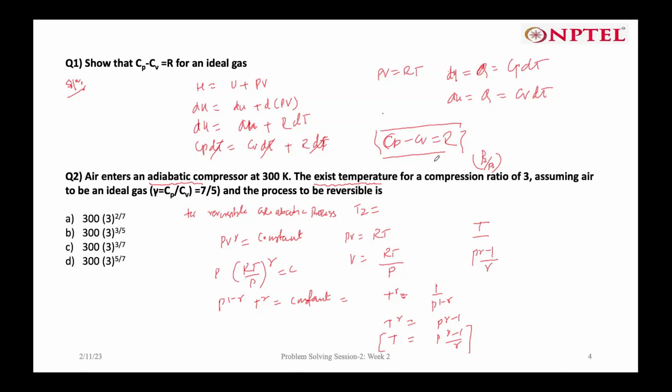So we derived one relation before starting the session: T2 by T1 is equal to (P2 by P1)^((gamma minus 1)/gamma). Here I got confused. So TV^(gamma minus 1) is equal to constant, and from this relation we get this one.